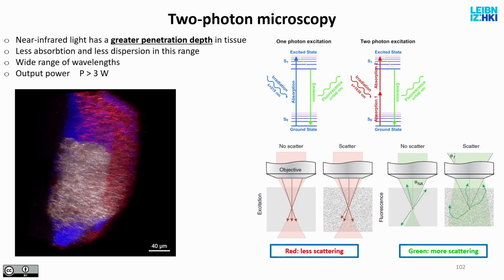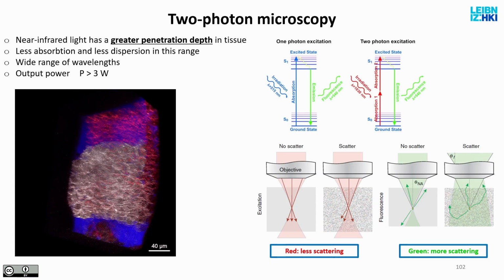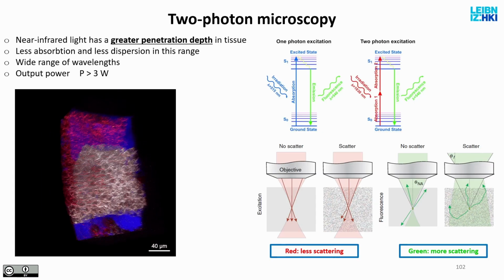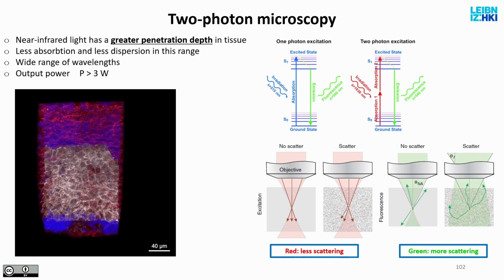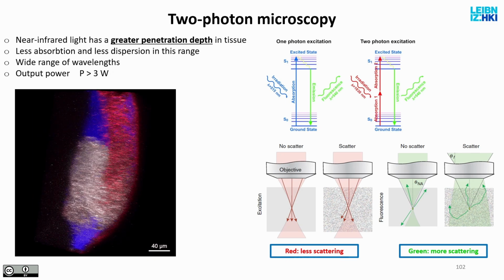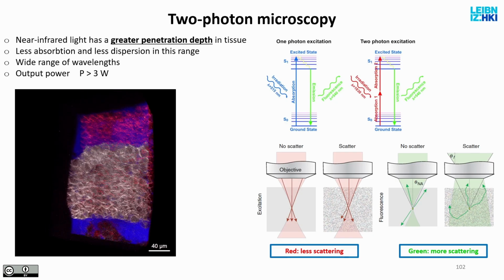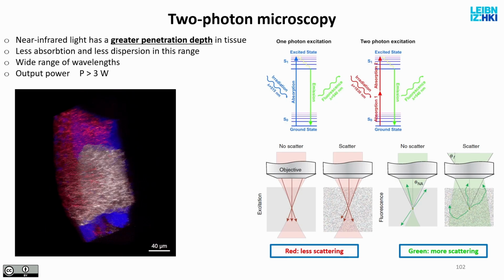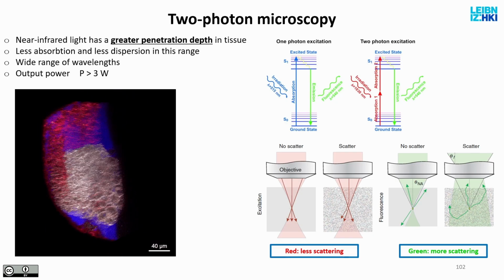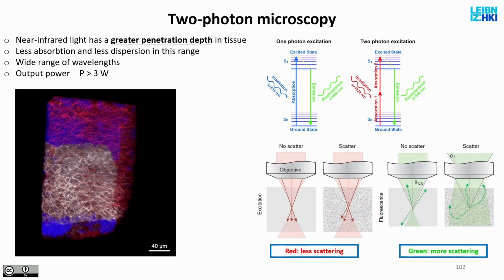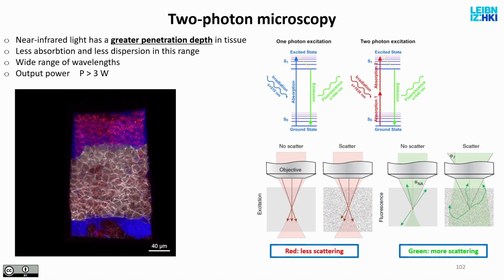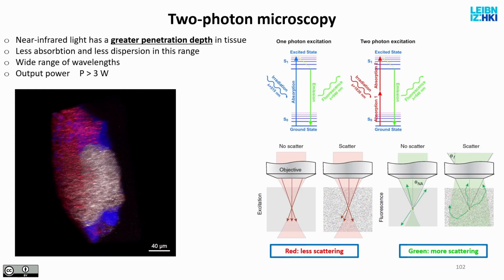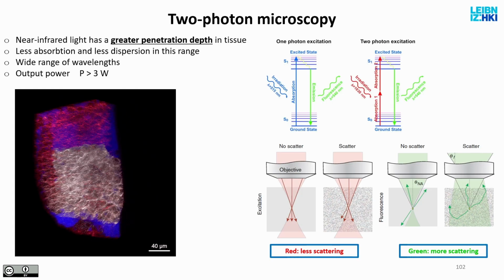So I can see through 100 or 200 micrometers with a two-photon microscope, whereas a single photon scanning microscope would not see more than a few microns. Is it an expensive system? Yes, because such lasers, which produce these red photons, which arrive simultaneously at the sample, are very expensive. The laser itself costs you 150,000.